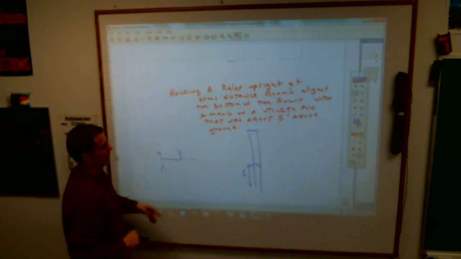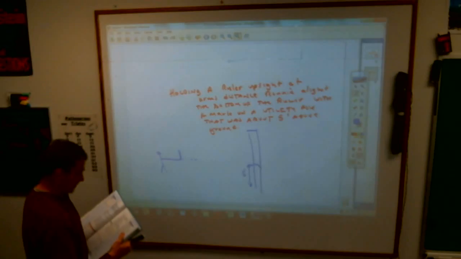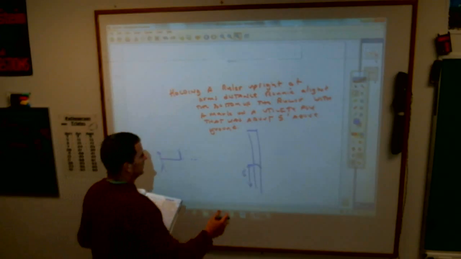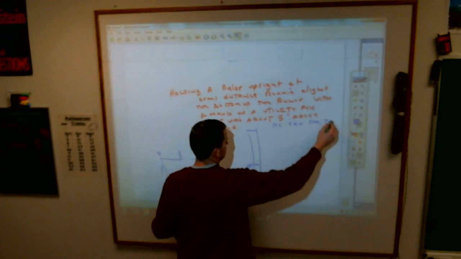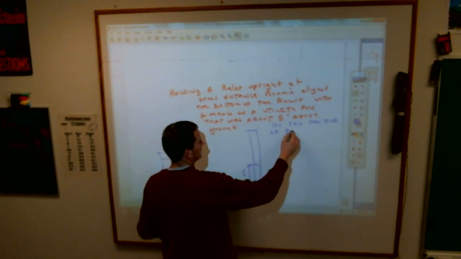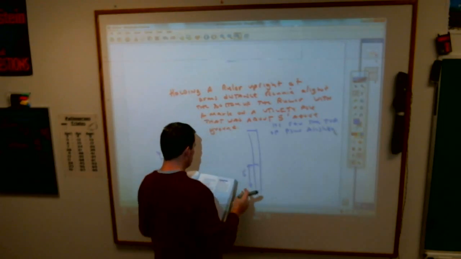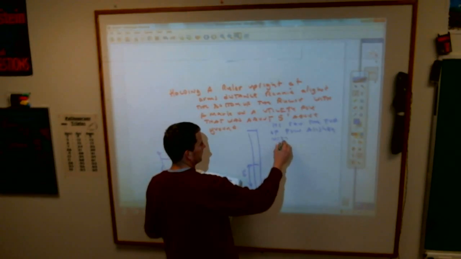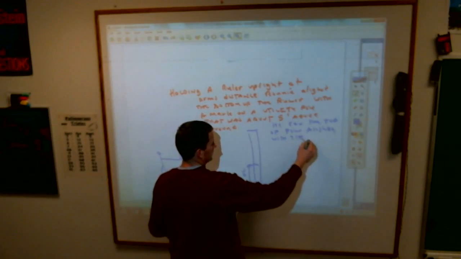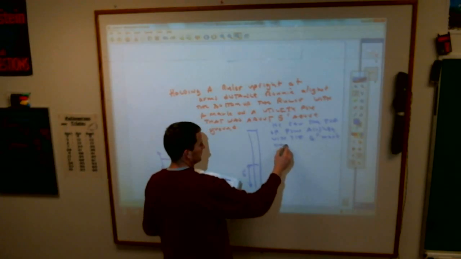Okay, so that's what we know so far. That's what this says right there. Then it goes on to say, he saw the top of the pole aligned, read that, with the 6-inch mark on the ruler, which means this.